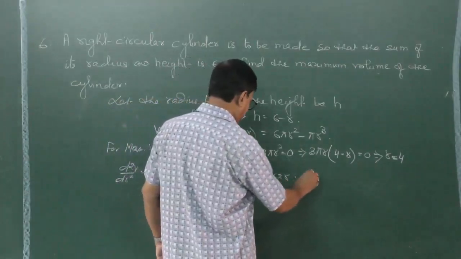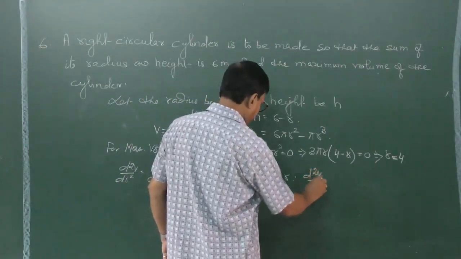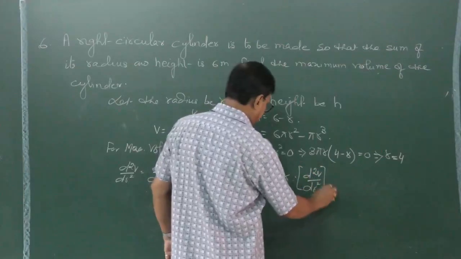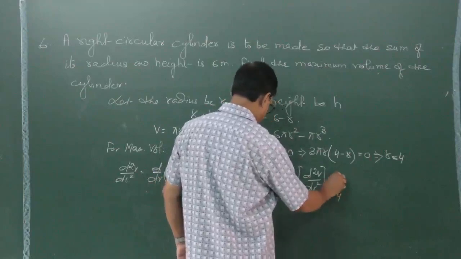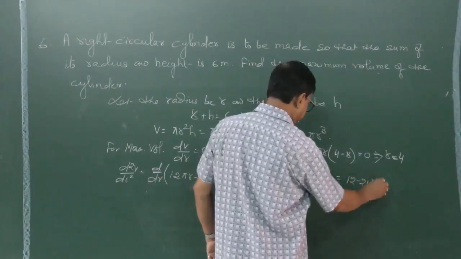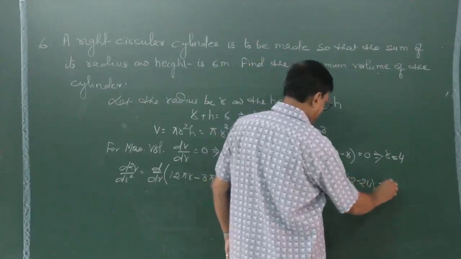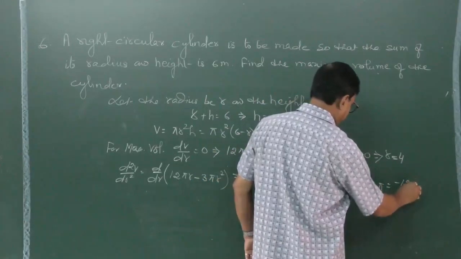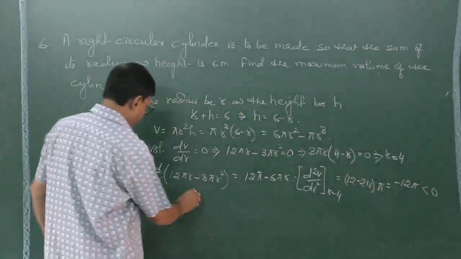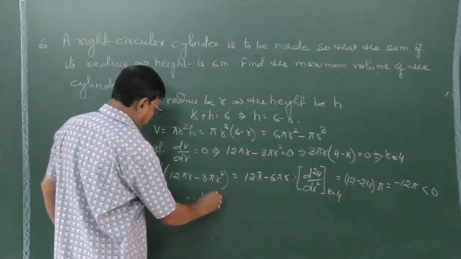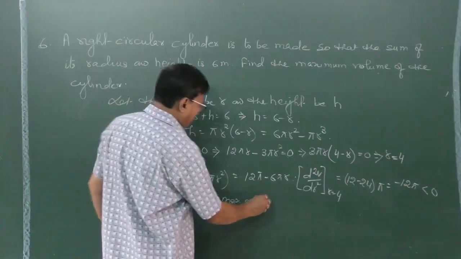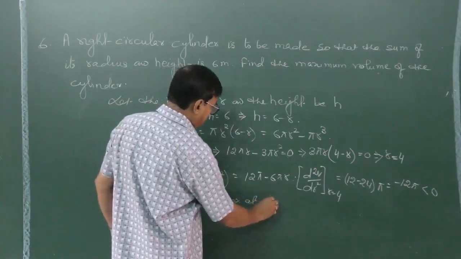So d2V by dr2 at r equal to 4 will be 12 pi minus 24 pi, that is minus 12 pi, which is negative. So V is maximum at r is equal to 4.